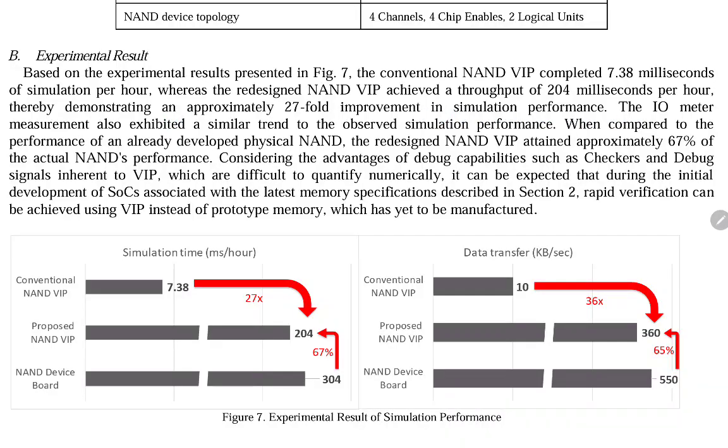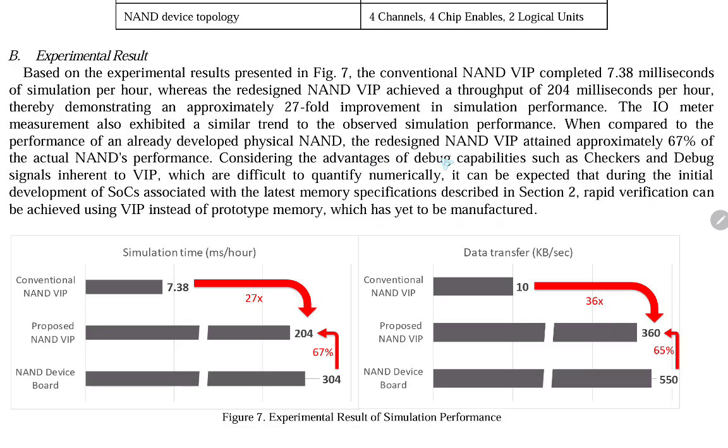The two I/O parameter measurements also exhibit a similar trend to the simulation performance when compared to the performance of an already developed physical NAND. The redesigned NAND VIP attained approximately 67% of the actual NAND performance.